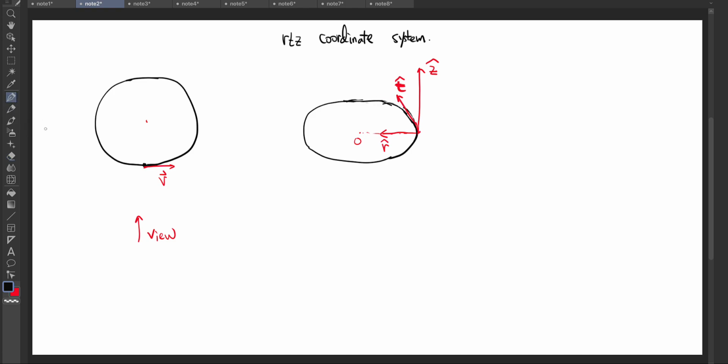Okay, all right. So let me write down these three directions. R hat is the radial direction, and that direction is toward the center of the circular motion.